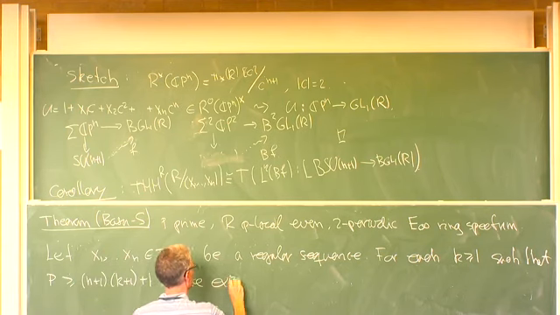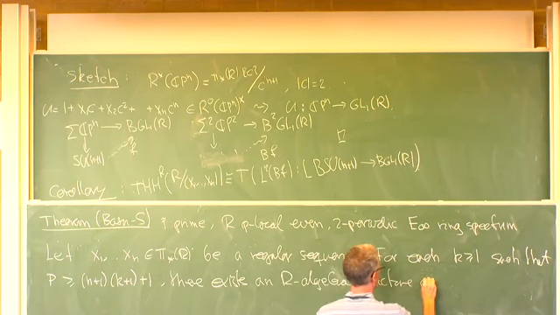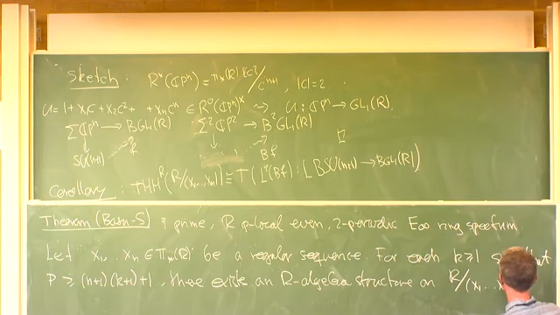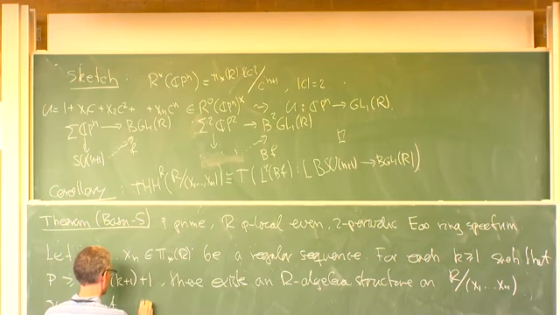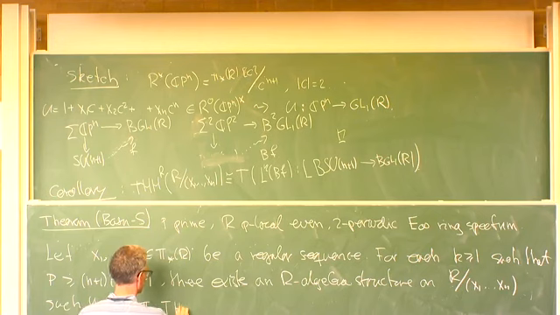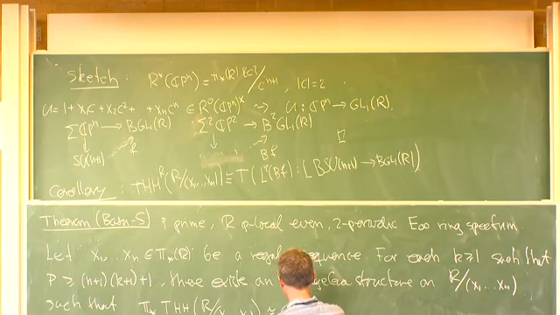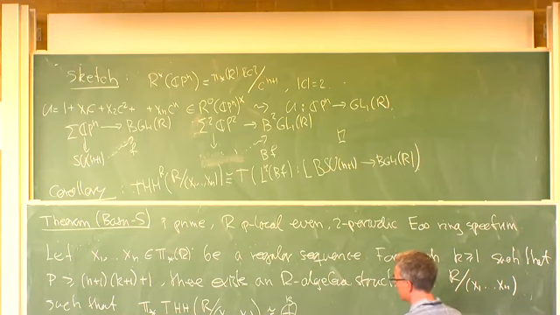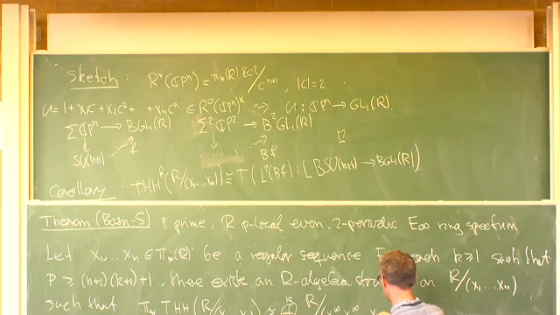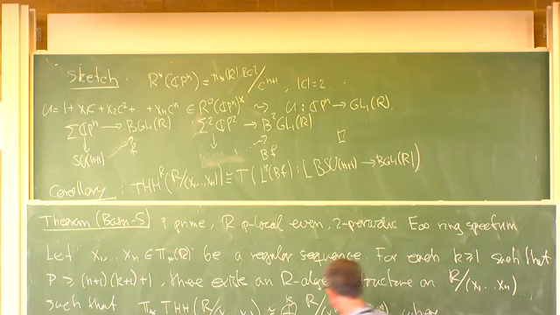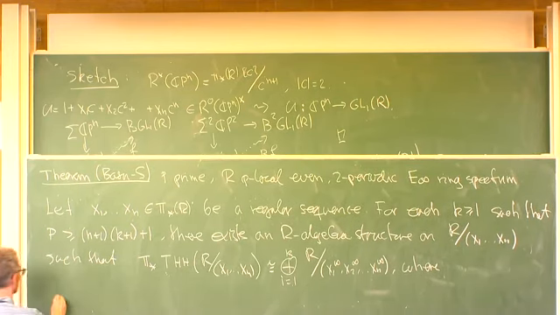There exists an R-algebra structure on this quotient spectrum such that when we calculate the homotopy groups of THH of it, it becomes isomorphic to a direct sum of k copies of a big R-module, where this big R-module is what you get by making all these elements divisible.